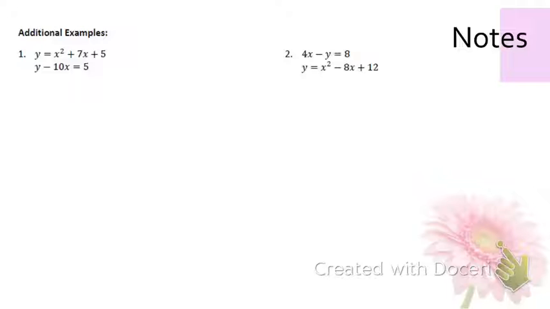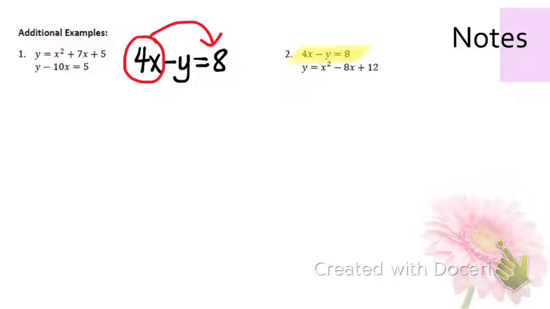So for question number 2, we're going to start by solving this equation for y. So we have 4x minus y equals 8. So subtract 4x, bring that over. So that gives you negative y equals negative 4x plus 8.